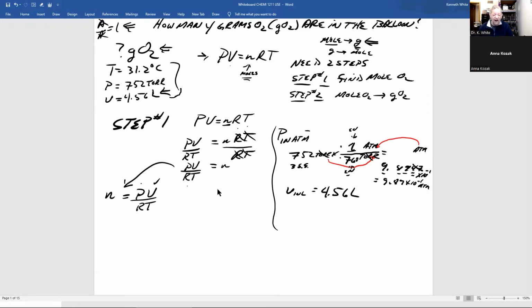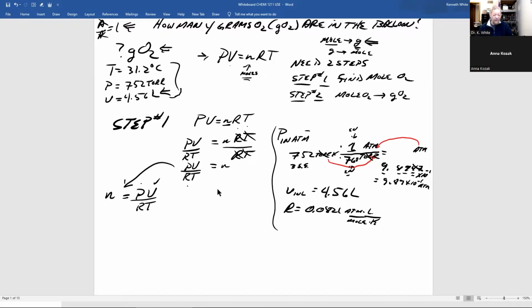All right, R, and you'll be given R, equals 0.0821 atmospheres liter per mole Kelvin.